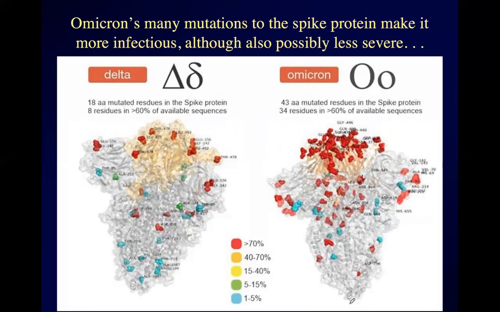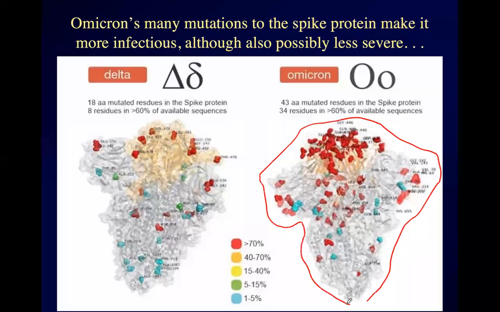So right here on the right, this is a diagram of the spike protein of the Omicron variant. And every one of these little flecks of color on the diagram is a point where an amino acid in Omicron came to be different from the corresponding amino acid in the earliest strains of COVID.